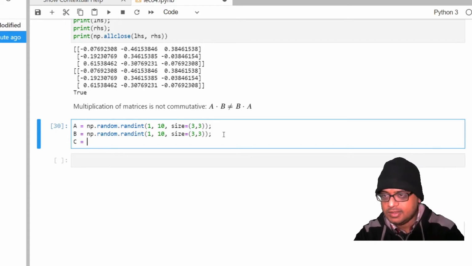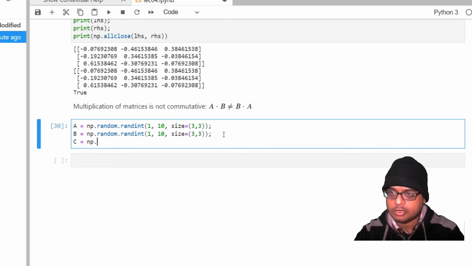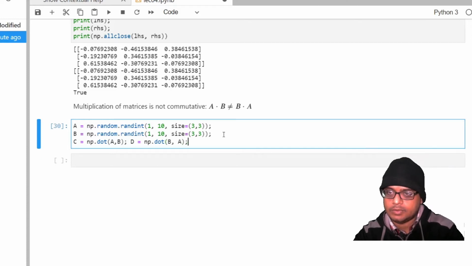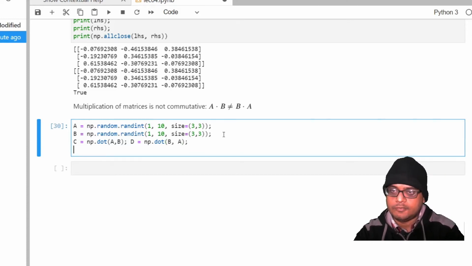So let me create C equal to np dot dot A comma B, and let me create D equal to np dot dot B comma A. Now we want to see whether C is equal to D or not.